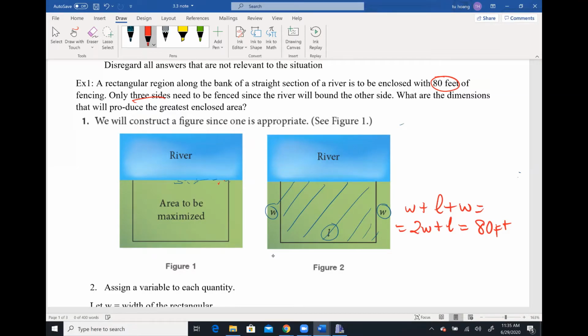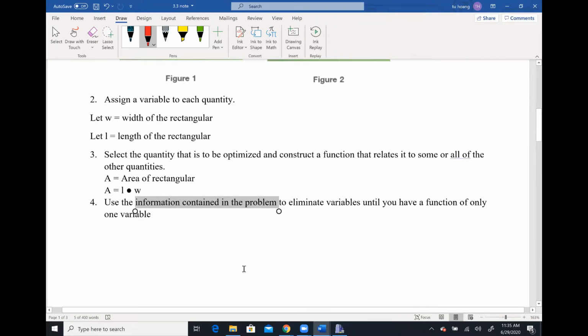So I'm going to simplify it, and it looks like 2 width plus 1 length equals 80. Because I'm in step 4 here, I'm going to write down 2 width plus 1 length equals 80, right? So I have the information in the column.